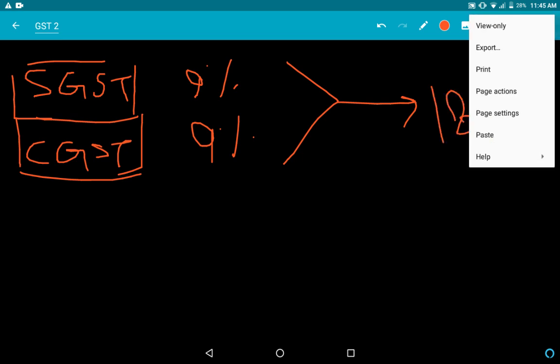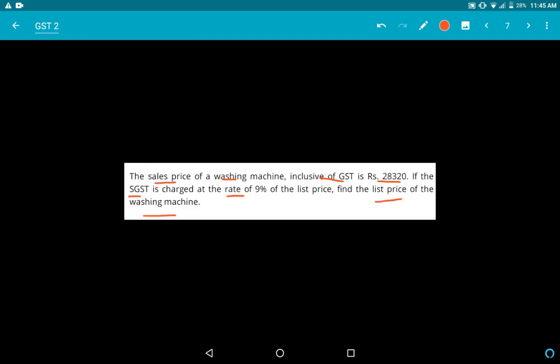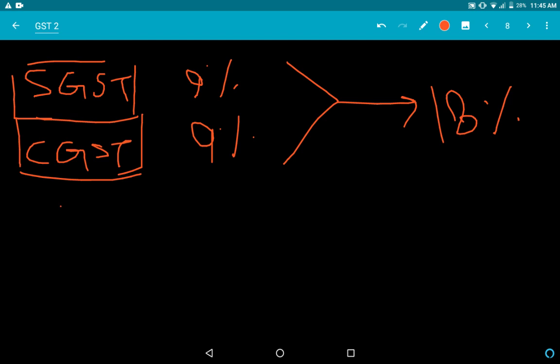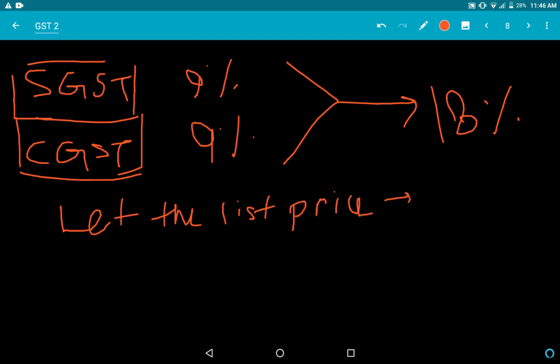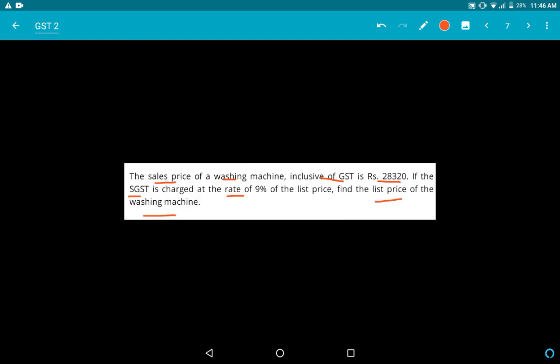Now it is telling me that the list price, or what you call it, the MP, manufacturing price, anything, same thing, let the list price be P. So what is my equation here?